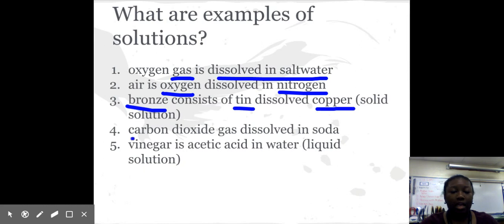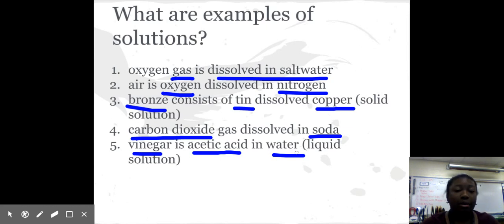You have carbon dioxide gas dissolved in soda. And then you have vinegar, which is acetic acid in water. That's a liquid solution. So these are all different kinds that will possibly be on the EOG, and they will give you the number percentage. And the largest, remember, is going to be the solvent. The lesser amount will be the solute. Okay.